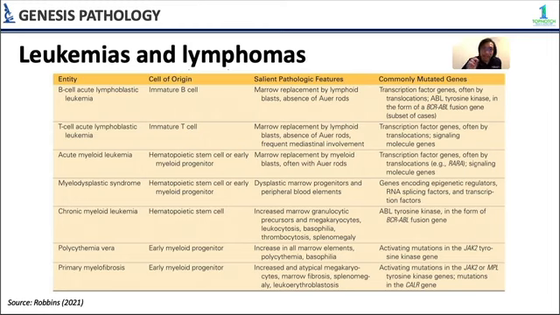Acute myeloid. Do our myeloid cells have myeloperoxidase? Yes. So, there are Auer rods. So, AML has Auer rods.